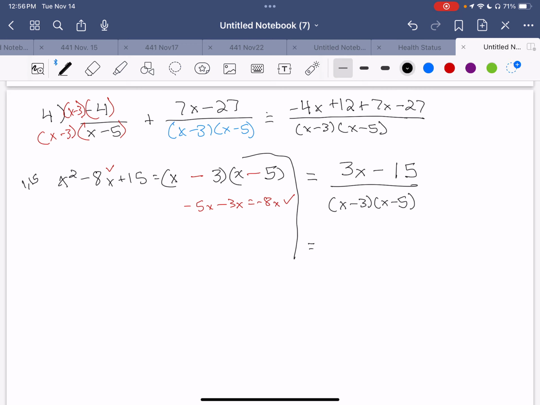So this is 3 times x minus 5. And then we have this matching that gives us 1. So we have 3 over x minus 3 as our final answer.